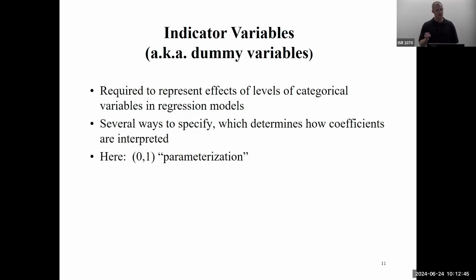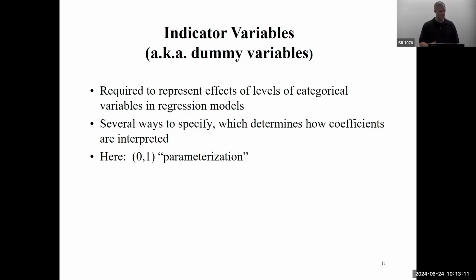And there are many different ways to specify these dummy variables, which has implications for how you interpret your coefficients. So we're going to focus on the approach to accounting for categorical variable changes in means using a 1-0 parameterization, or this indicator variable or dummy variable parameterization of these categorical predictors.